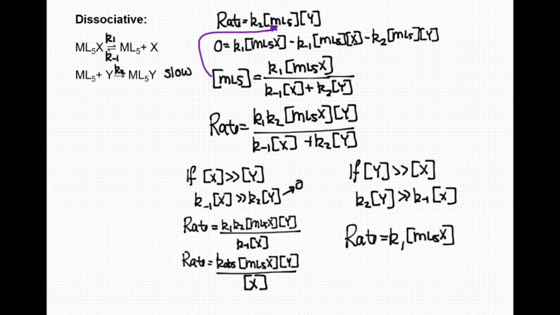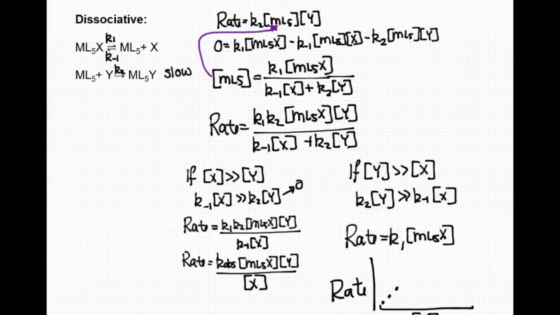So at large concentrations of incoming ligand, the rate doesn't depend on the incoming ligand. You can keep adding incoming ligand and the rate isn't going to be affected by that. Eventually the rate will saturate, where it no longer depends on the concentration of Y. When we say saturate, what we mean is that if we were to measure rate as a function of the concentration of the incoming ligand, at low concentrations we would expect it to keep going up based on the full version of the rate law.